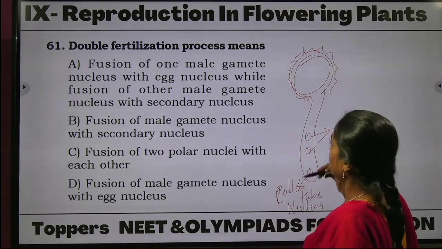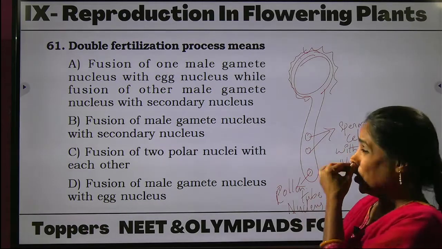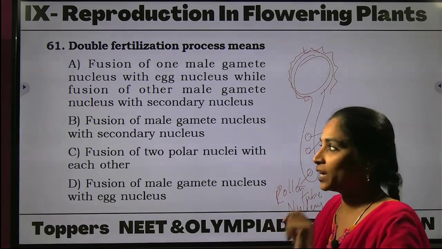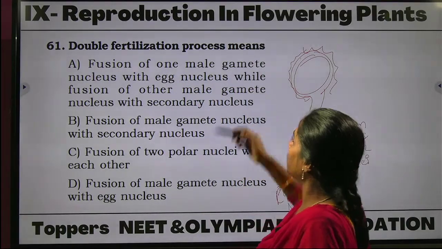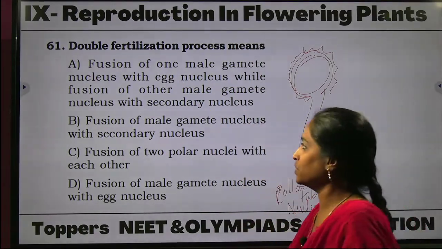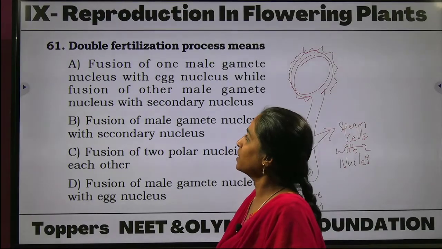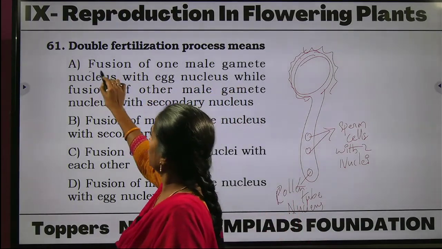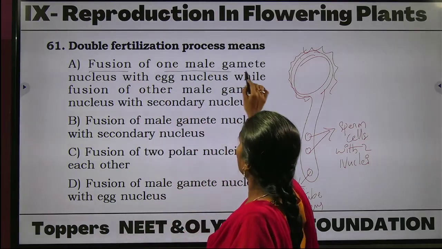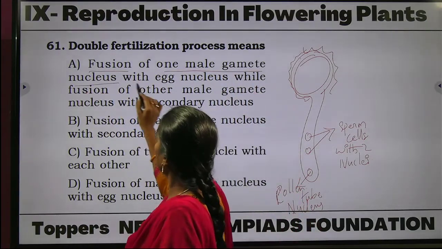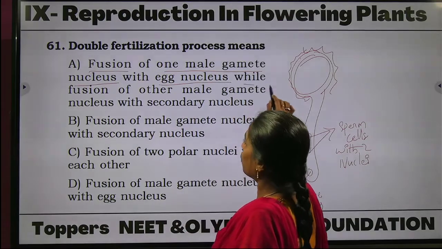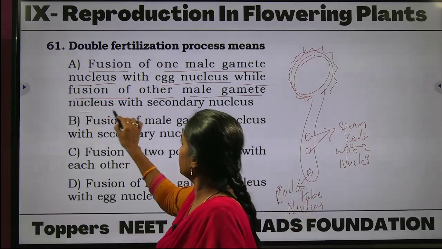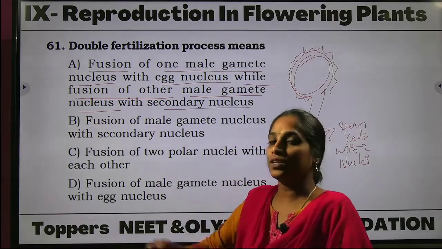Here we can observe the fusion of male gamete with female gamete 2 times. That is called double fertilization. Let us see what happens here. What is the first statement he has given? Fusion of 1 male gamete nucleus with the egg nucleus, while fusion of the other male gamete nucleus with the secondary nucleus.